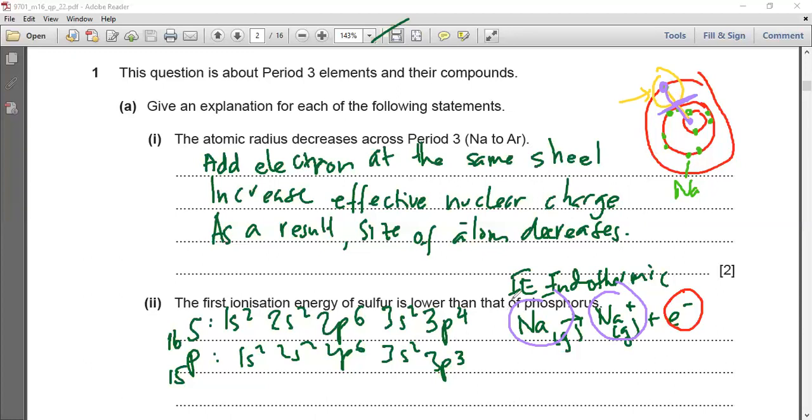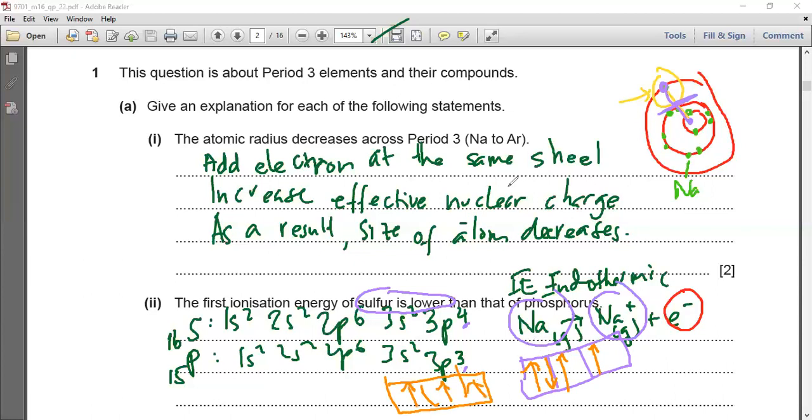Back to this question: how do we explain why sulfur is lower than phosphorus? You have seen that sulfur has 4 electrons in the 3p subshell. If I draw the p orbital, it looks like this, 1, 2, 3, 4. But for phosphorus, I will have only 3, 1, 2, and 3.